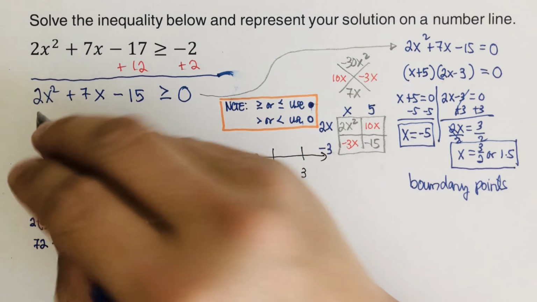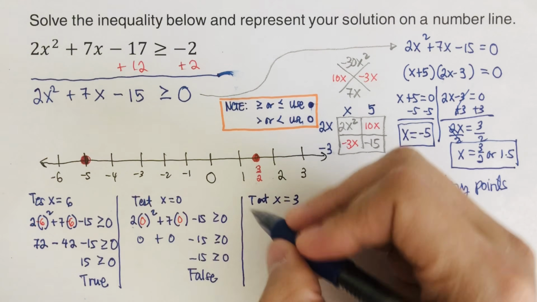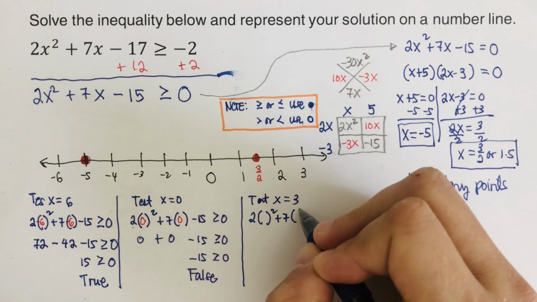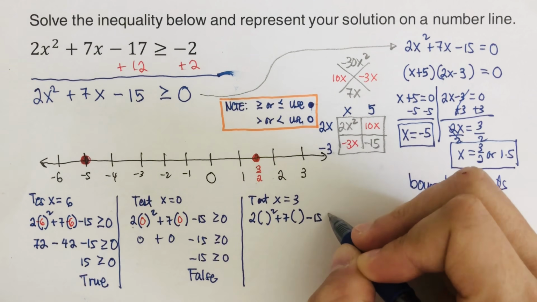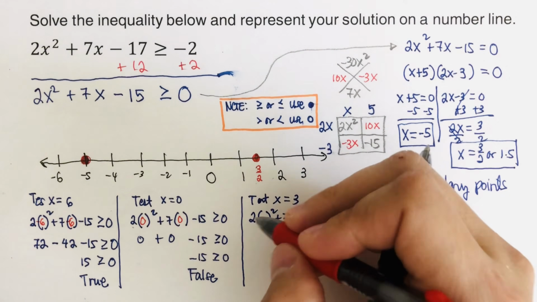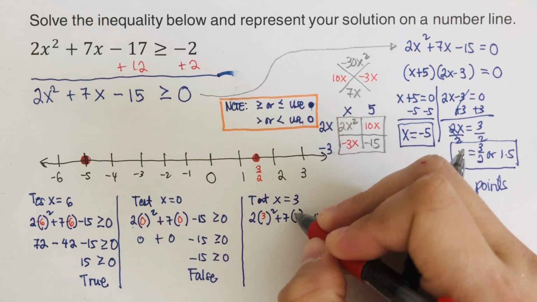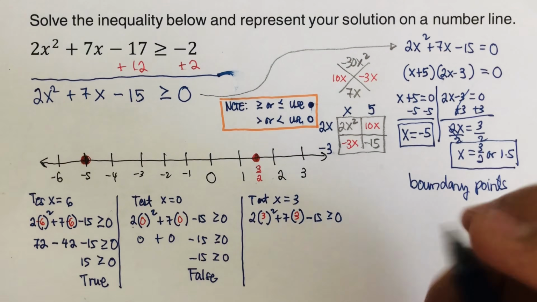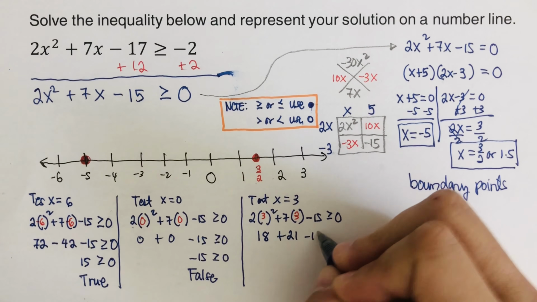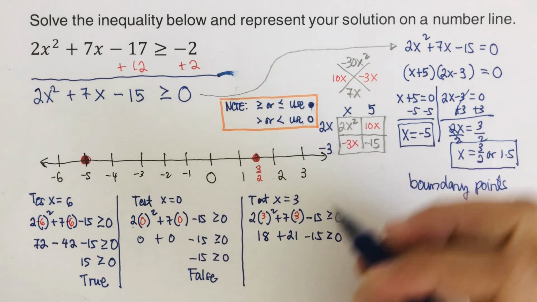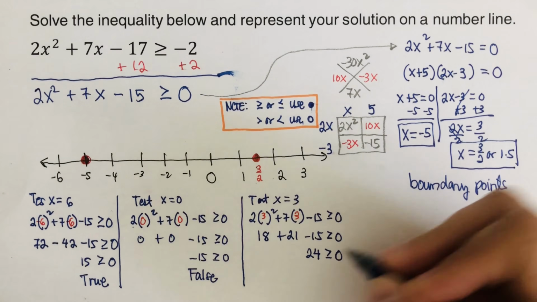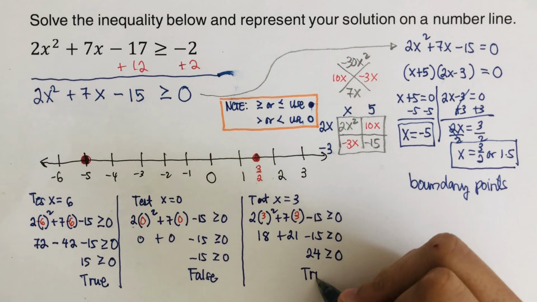We use the inequality again: 2 parentheses squared plus 7 parentheses minus 15 is greater than or equal to 0. Putting in 3, 3 squared is 9, times 2 is 18. Then plus 21, minus 15 is greater than or equal to 0. So this would be 24 is greater than or equal to 0. Yes, this is true.